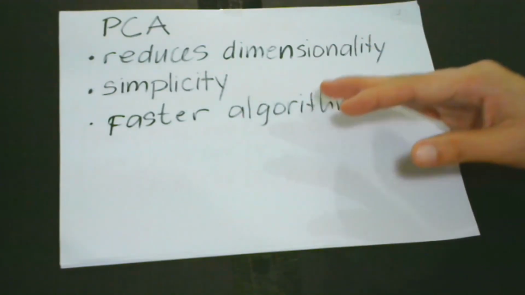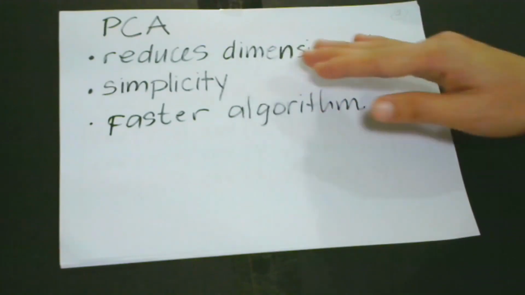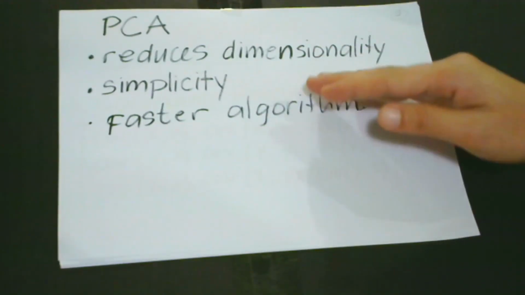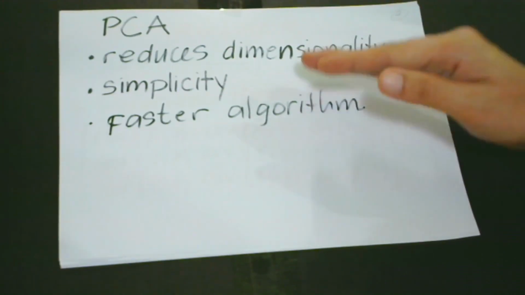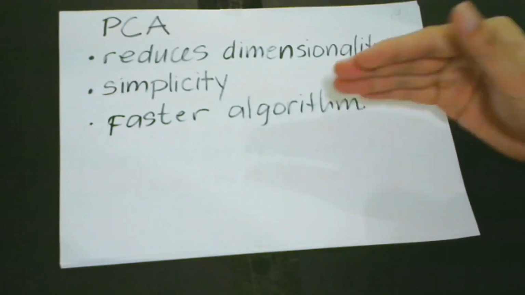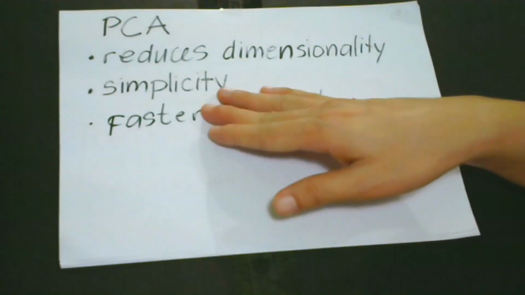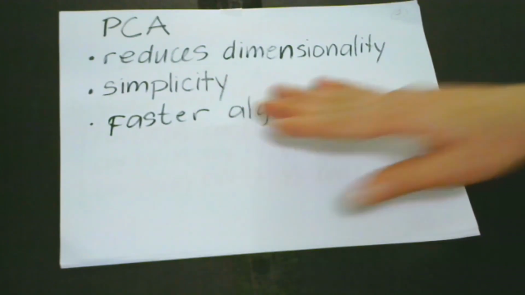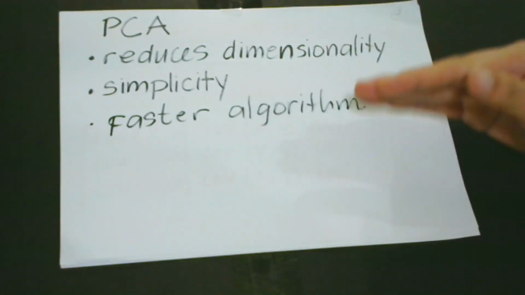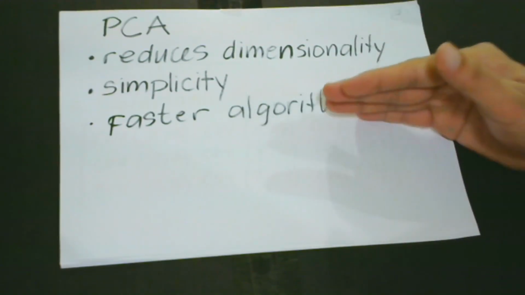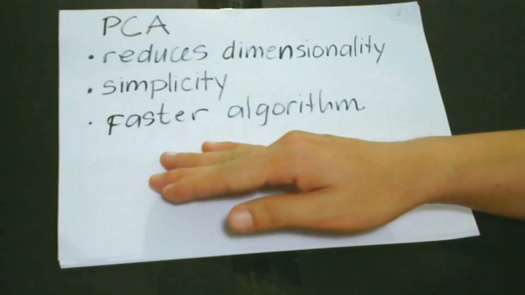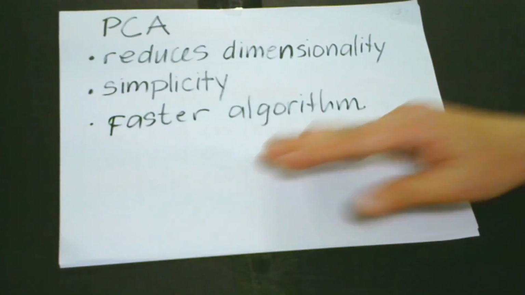However, this effect is not substantial, as it only compromises a little accuracy for the sake of simplicity. The reason for simplification is that it makes it easier to explore, visualize and analyze the data. The effect is that it makes our algorithm work faster.